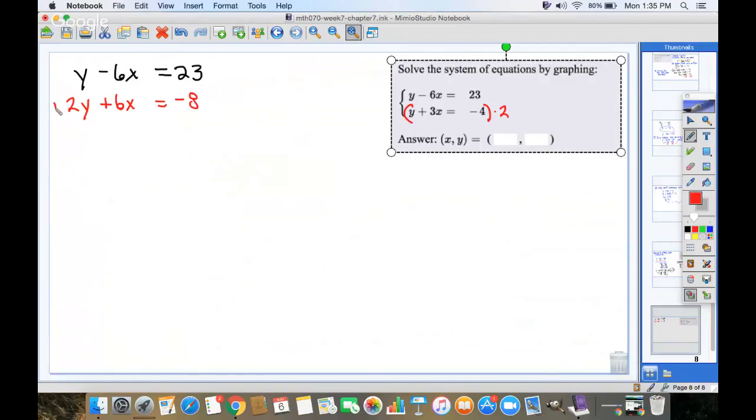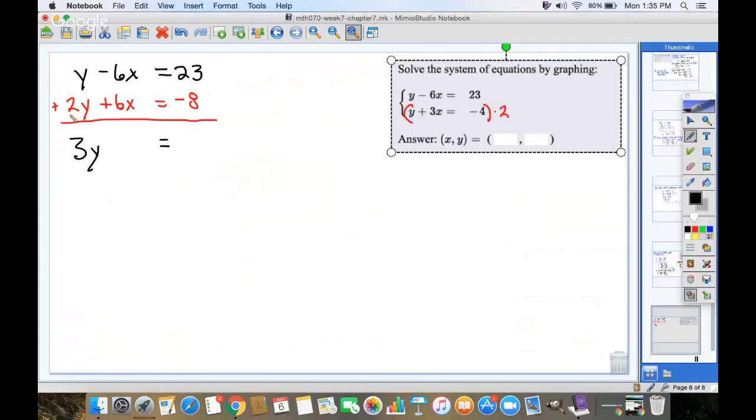Once you do that, you add the two equations together. And you want to make sure you line up like terms. It makes it easier. Here they happen to be lined up. If they're not lined up, you'll have to move stuff around. So y plus 2y is 3y. Negative 6x plus positive 6x is 0 x's, so we don't even need to write that.